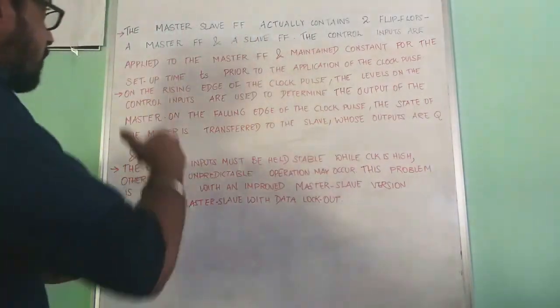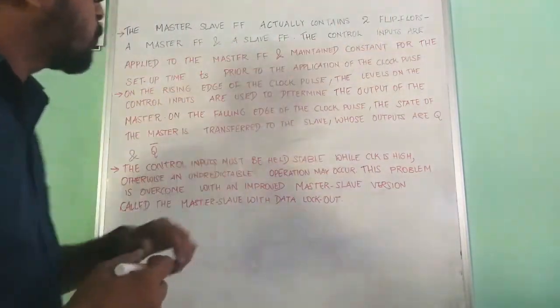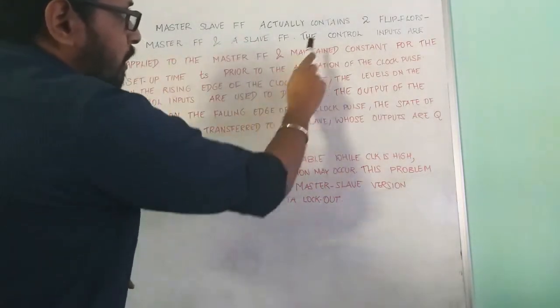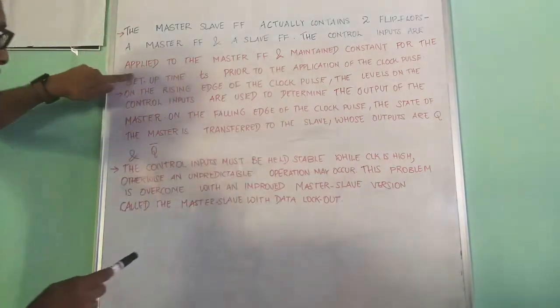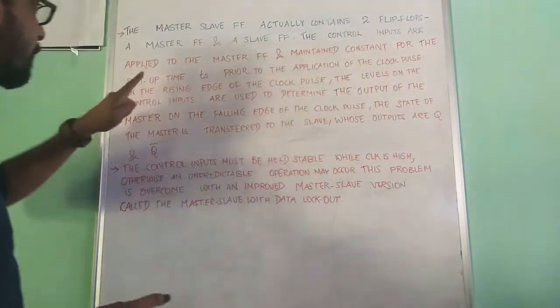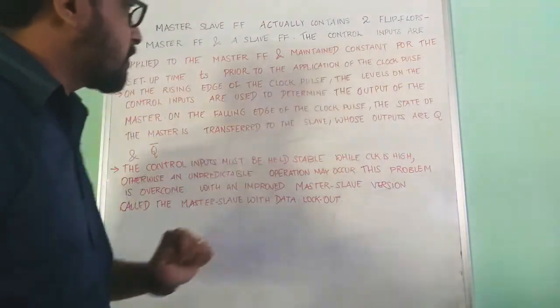Thus we say that the master slave flip flop actually contains two flip flops, a master flip flop and a slave flip flop. The control inputs are applied to the master flip flop and maintained constant for the setup time Ts prior to the application of the clock pulse.